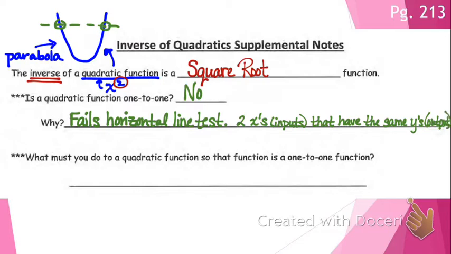What we must do to a quadratic function so that the function is one-to-one is restrict the domain.